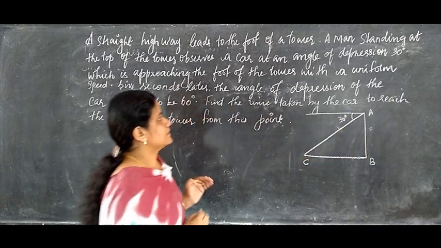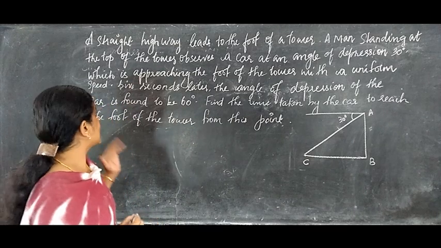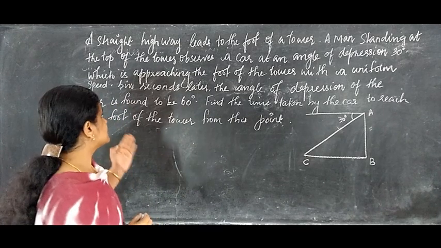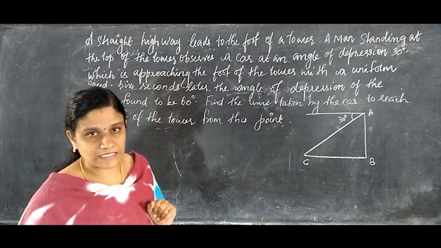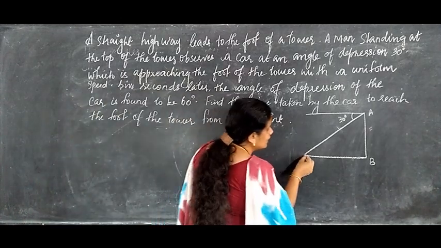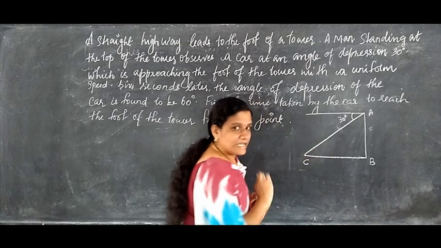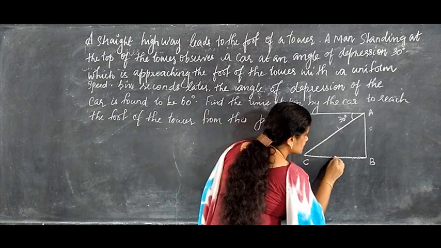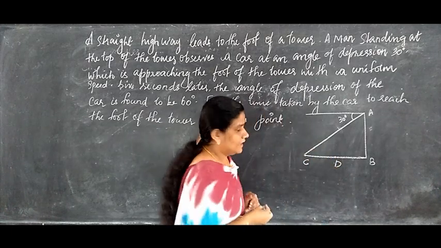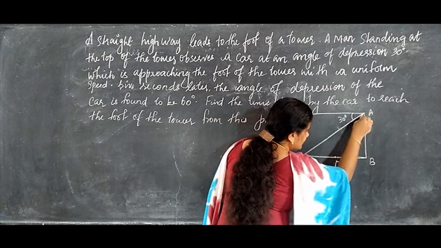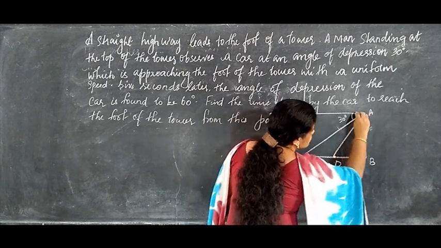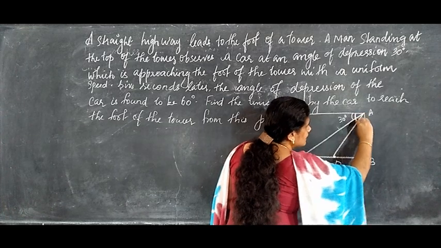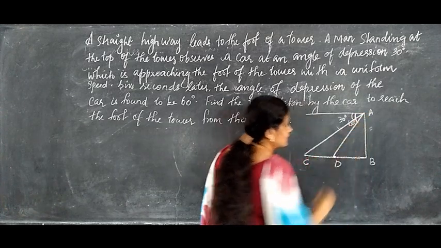Next, the speed of the car is uniform. 6 seconds later, the angle of depression of the car is found to be 60 degrees. So here, 6 seconds later, let the car be at D. Now the angle of depression is given as 60 degrees.